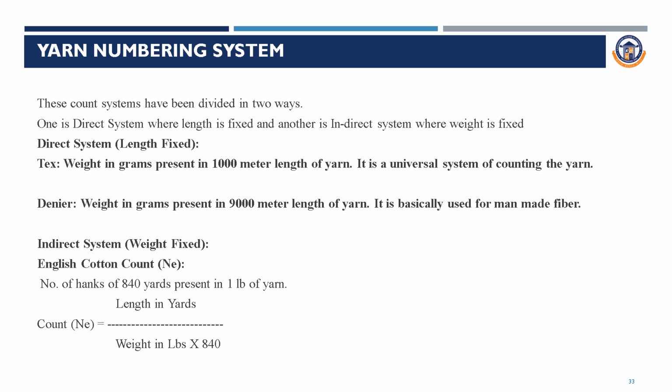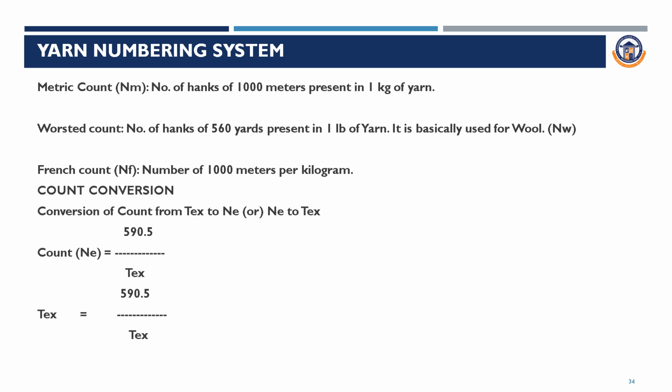The count formula is length in yards divided by weight in pounds times 840. Next, metric is defined as the number of hanks of 1000 meters present in 1 kg of yarn. Worsted is the number of hanks of 560 yards present in 1 lb of yarn. It is basically used for wool.